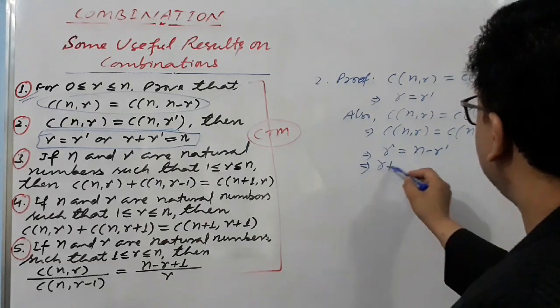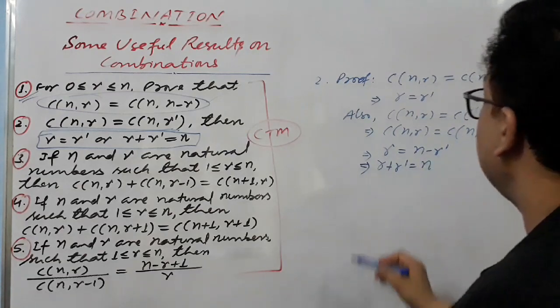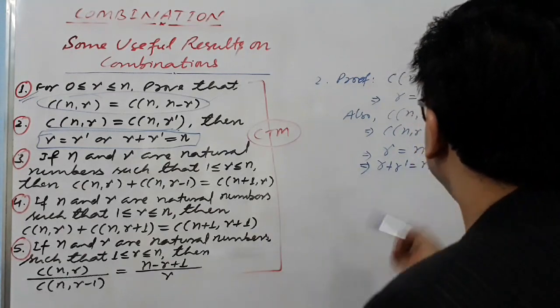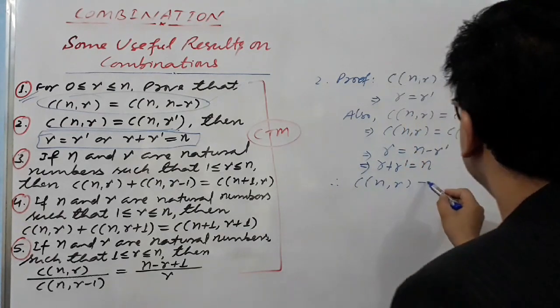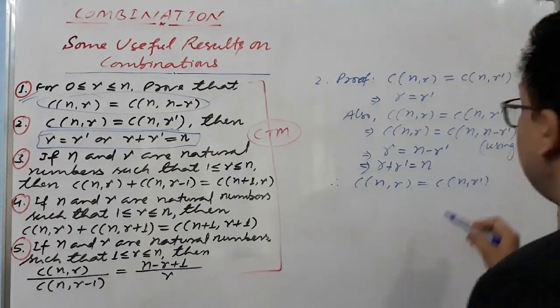This implies r plus r prime is equal to n. Therefore we can say C of n comma r is equal to C of n comma r prime.